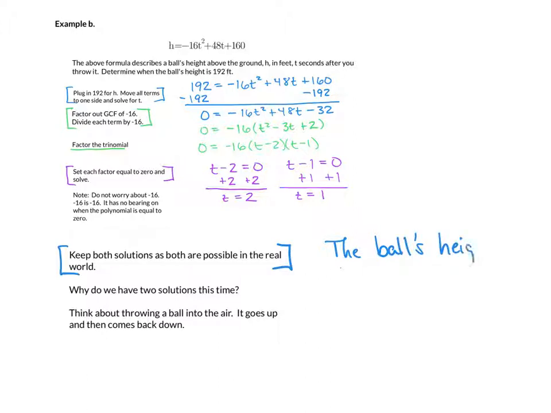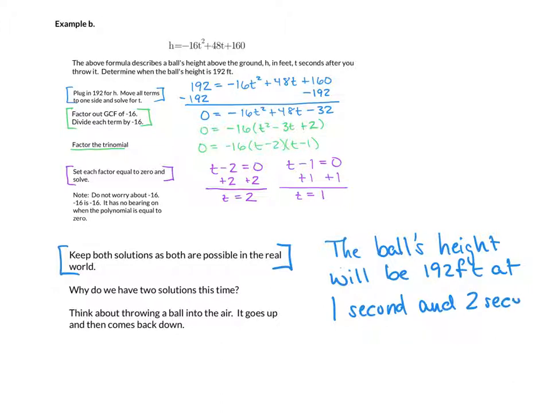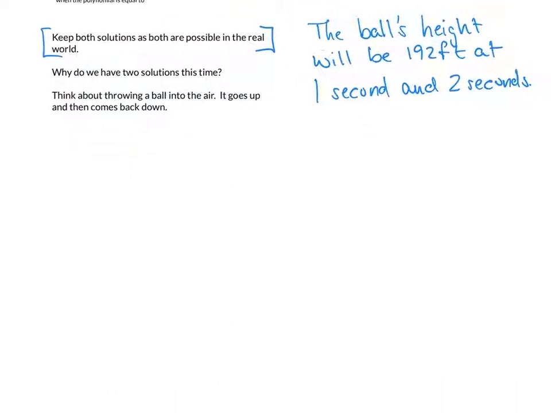So in this case, it's going to go up, hit 192, still going up, and then it comes back down and hits 192 again before continuing on to hit the ground at a height of 0.